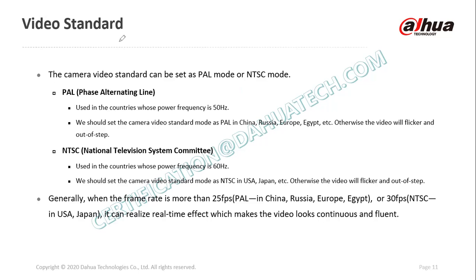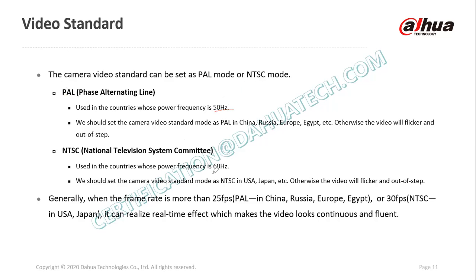A video standard is comparable with the power that you are using in your country. Like in Kenya, we use a video standard called PAL. The reason we use PAL is because our power frequency is 50 Hertz. Our main power, in the national power grid, is 50 Hertz frequency.